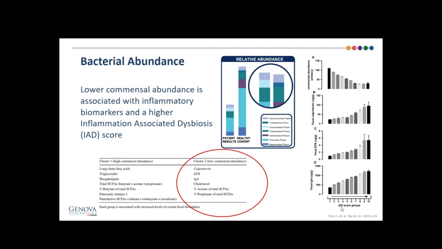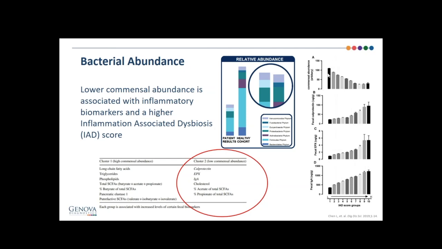The inflammation-associated dysbiosis score is an algorithm composed of the individual commensal bacteria themselves and one other biomarker. And so it's truly a bacterial dysbiosis score.